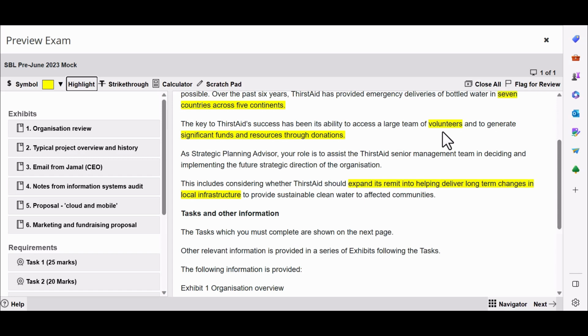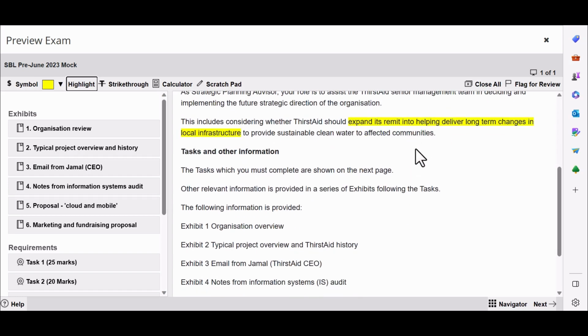And they have been really good at generating money and resources through donations. Okay, so again, a well set up, well established network of donors. Then what you're told is what you're expected to do. You're going to be a strategic planning advisor, nothing new there. And then it says something interesting in the next line.